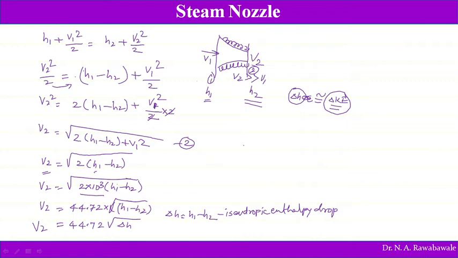If the law of expansion followed is PV^n equals constant, a polytropic process, then what we can say is that the change in kinetic energy, which means the increase in velocity, is equal to the change in enthalpy.